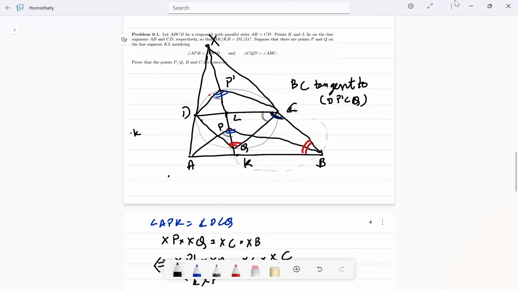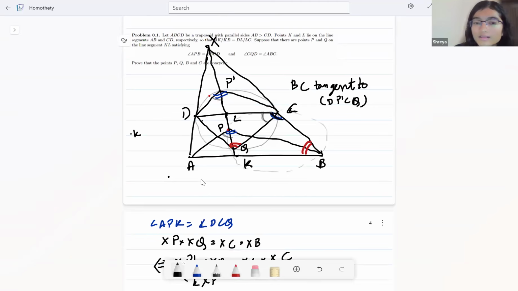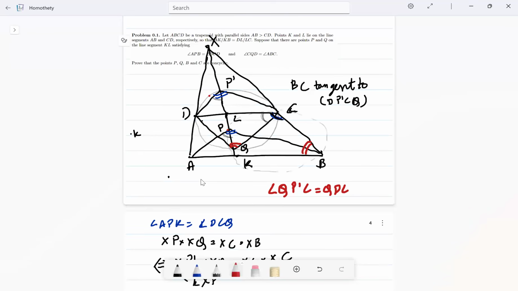Can I tell my solution? Yes, sure. Angle QP prime C is equal to angle QDC. Wait, can you repeat? Angle QP prime C is equal to angle QDC, and is also equal to angle QPB.